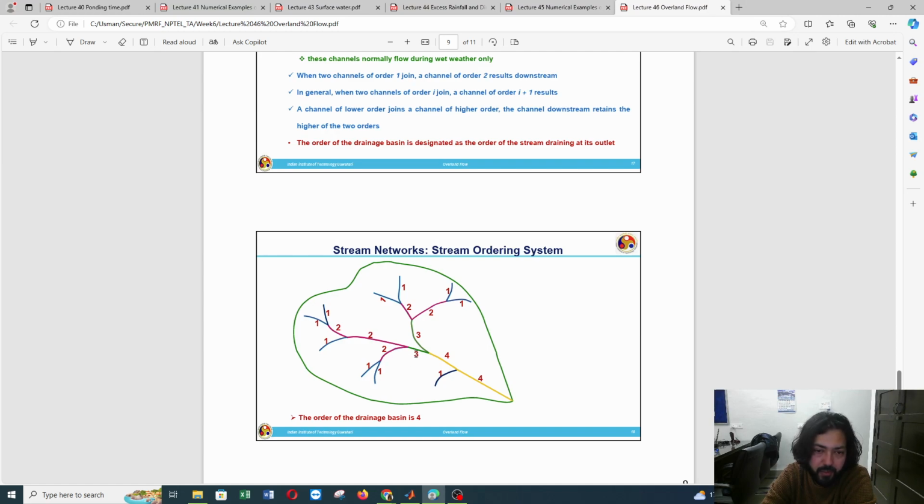So in order to get a stream of order 3, there should be an intersection of two streams of order 2. If you can see here, 2 and 2 are meeting, it gives you a stream order of i plus 1. So the generalized form is: when two channels of order 1 join, a channel of order 2 results downstream. In more generalized form, when two channels of order i join, a channel of order i plus 1 results, right?